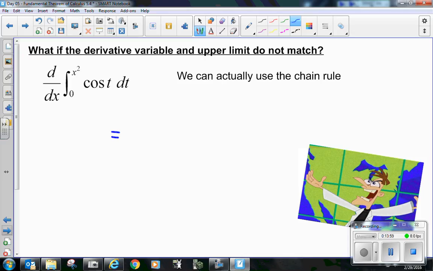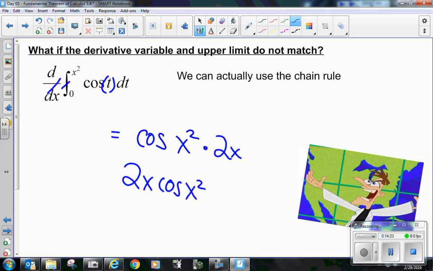If I were to do this without any sort of chain rule, what would it equal? The cosines cancel. Well, it's going to be x squared, right? Times the derivative of whatever was just put in here. So that's 2x cosine of x squared.